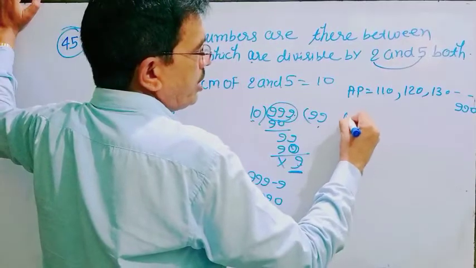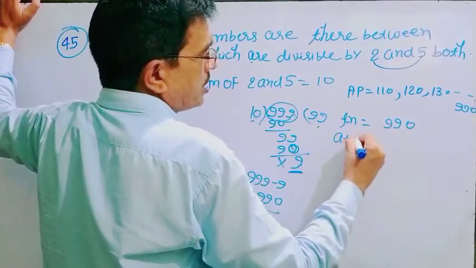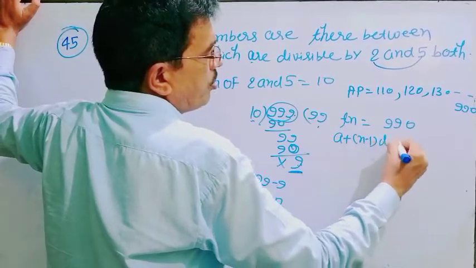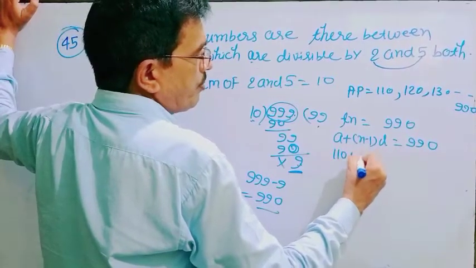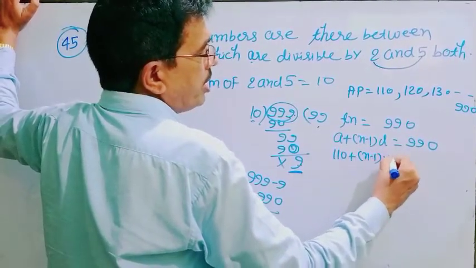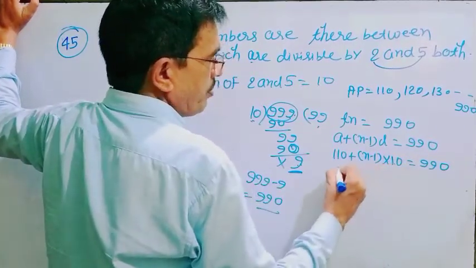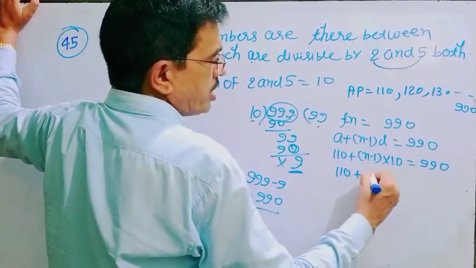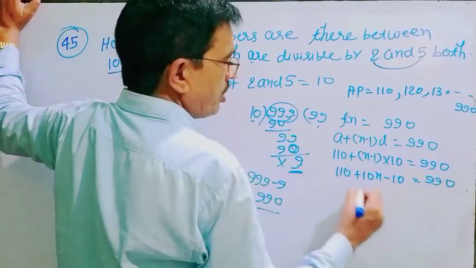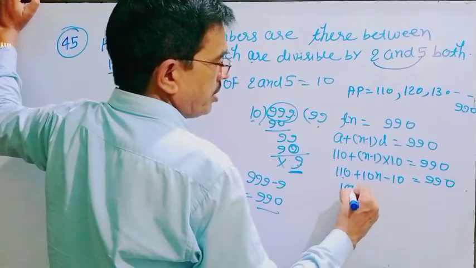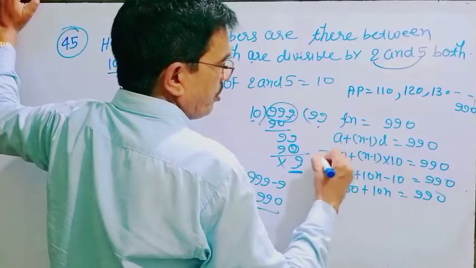So you can write Tn is equal to 990, then a plus (n minus 1) into d is equal to 990. a is 110, and d is 10. Then multiply: 110 plus 10n minus 10 is equal to 990. Then it is 100 plus 10n is equal to 990.